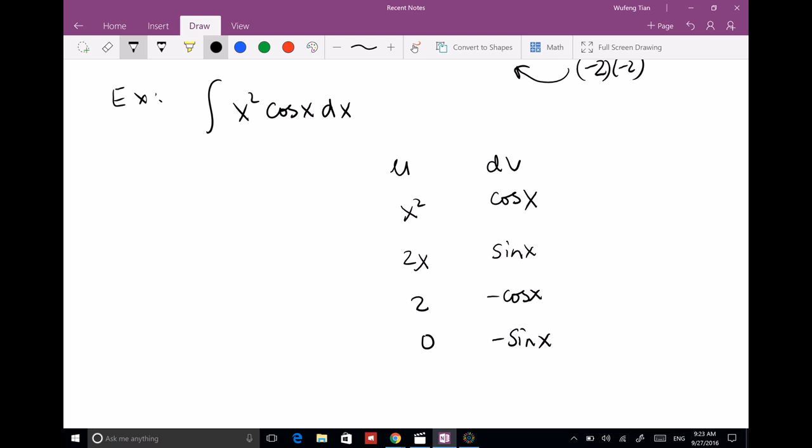Okay? And you have plus, minus, plus, minus. Okay, match it. The final answer is going to be x squared sine x, and the minus minus is a plus, 2x cosine x, plus minus is minus, 2 sine x, plus c.